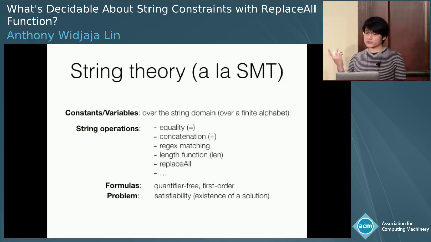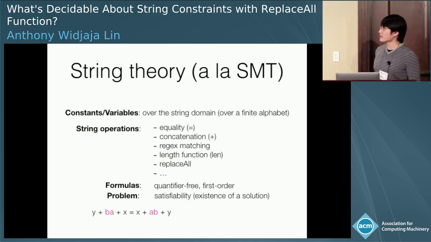You have constants and variables over the string domain, typically over a finite alphabet, and you include string operations like equality, concatenation, regular expression matching, etc. Constraints or formulas are typically quantifier-free, first-order formulas, which means that you simply close your basic statements over string operations, constants, and variables just using Boolean combinations. And the problem you're interested in is satisfiability, that is, to check the existence of a solution.